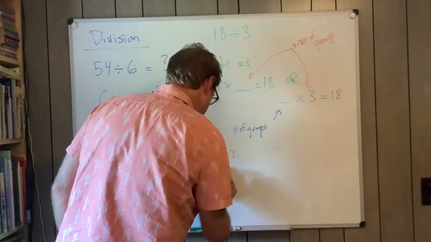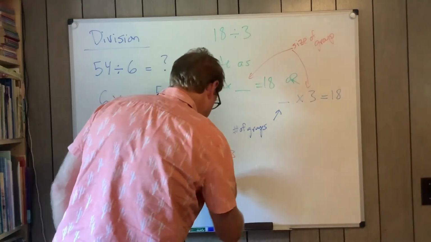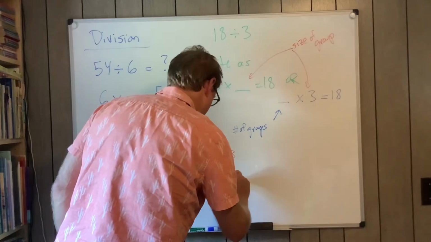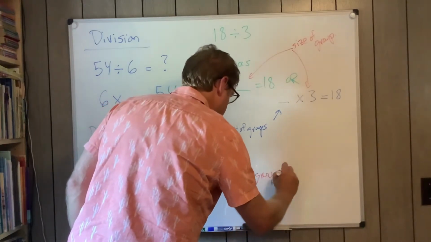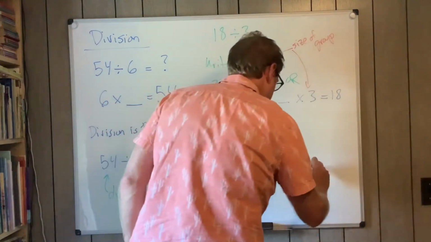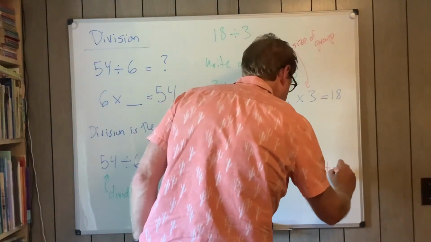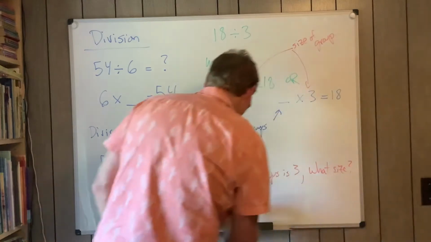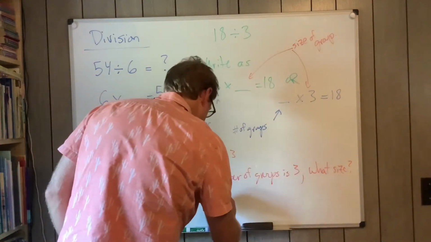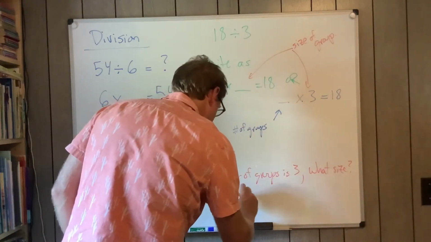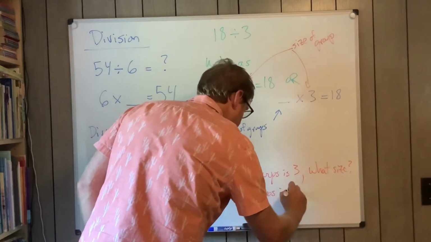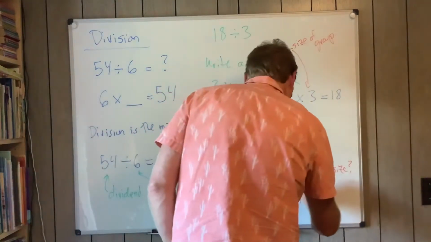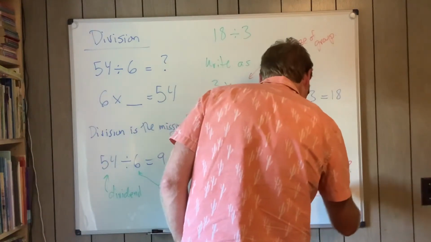Let's write this down. Number of groups is 3, what size? Or number of groups is question mark, size 3.